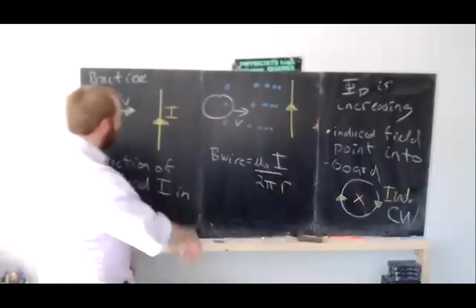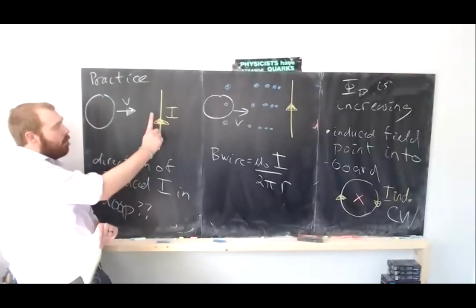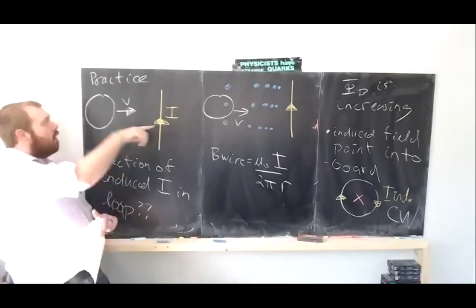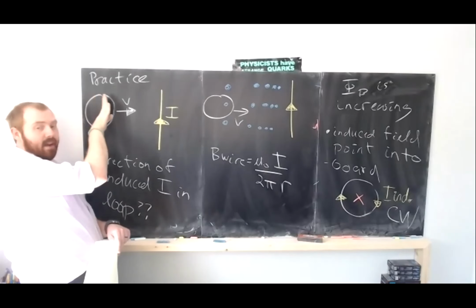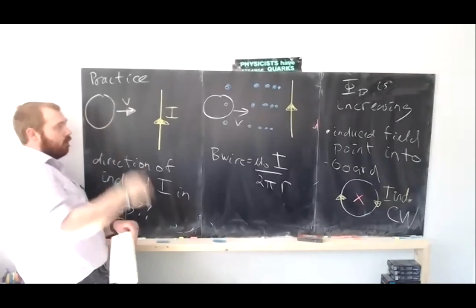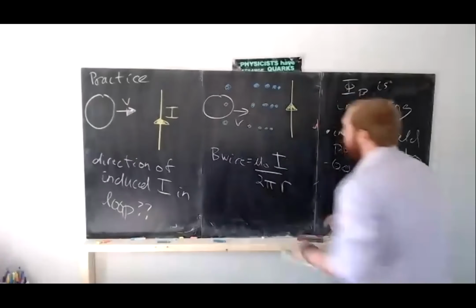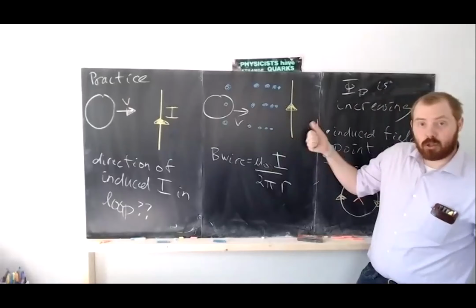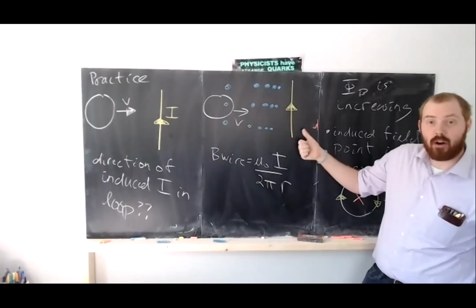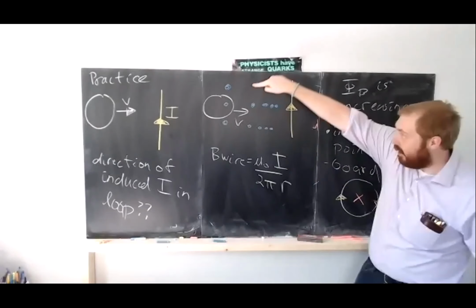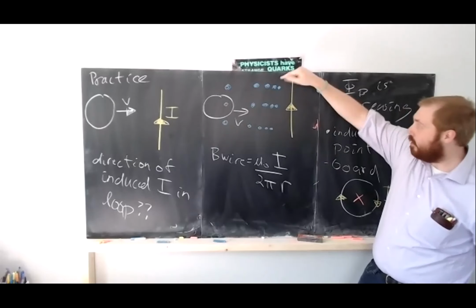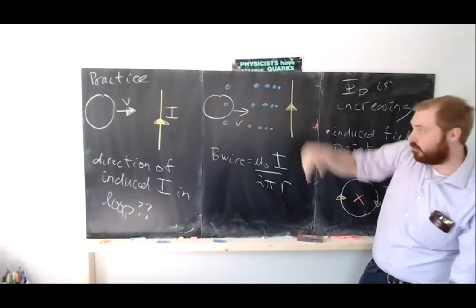So the setup was, I have a current, a straight wire with current going up, and I'm going to take a loop and just push the loop towards that current. What we establish is the closer to the wire I get, the stronger the magnetic field. Magnetic field strength increases the closer I am to this wire.